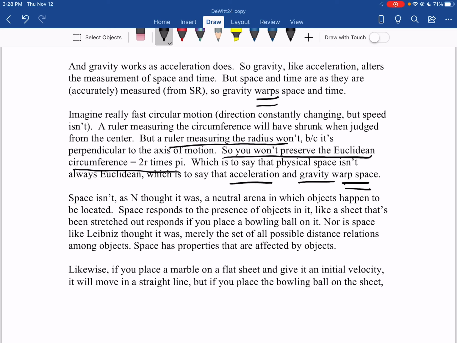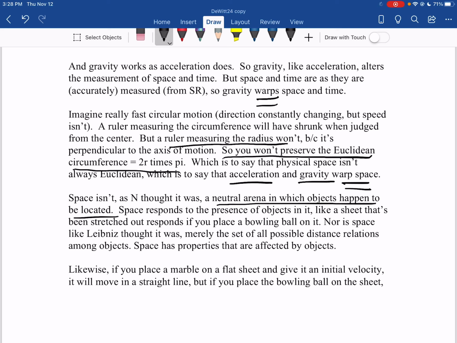So let's try to unpack this in terms of the Leibniz-Newton debate with which we are semi-familiar. Newton was wrong in thinking that space is a neutral arena in which objects happen to be located. Space interacts with mass. It responds to the presence of objects in it. Imagine a sheet that's been stretched out and you place a bowling ball in it. That changes the space occupied by the sheet.